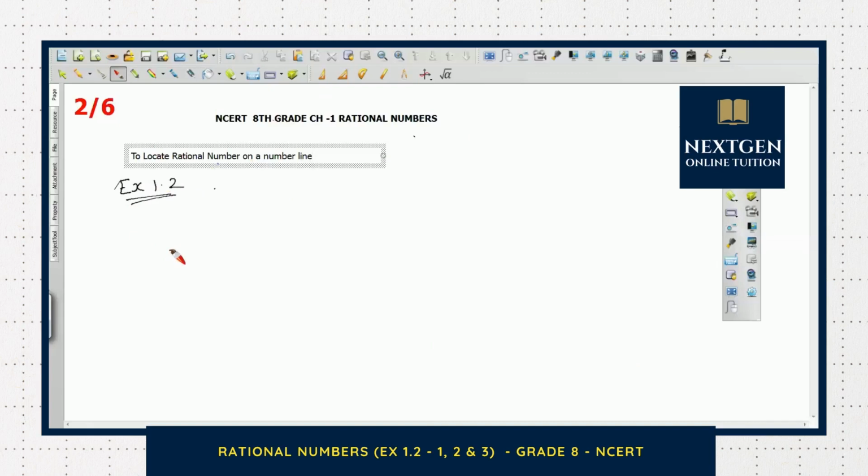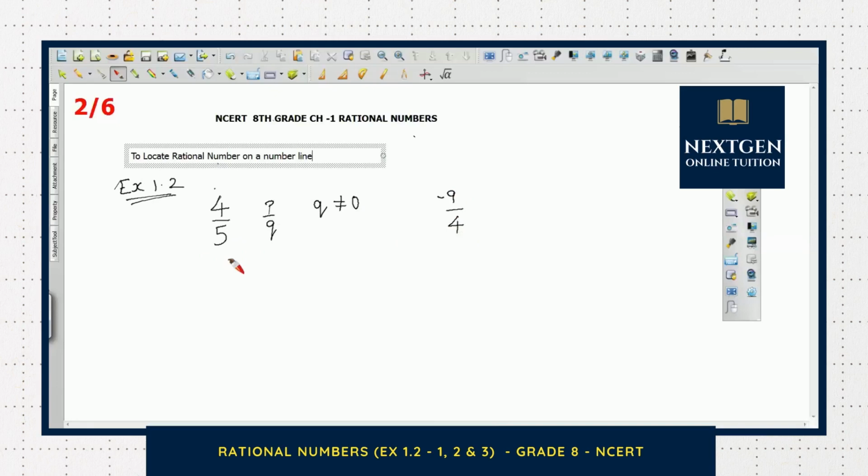Okay, so how to locate a rational number on a number line? Before having any idea about that, we need to have a basic idea about a rational number. So this is a rational number that we are already aware of in the p by q form, where my q must not be 0. A negative number can also be there.